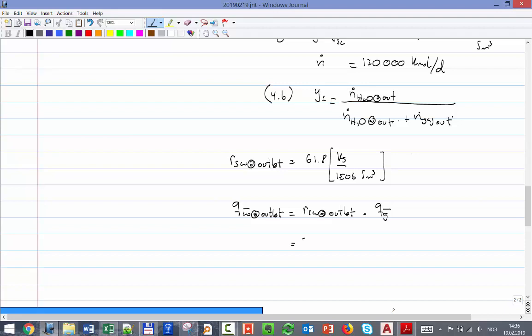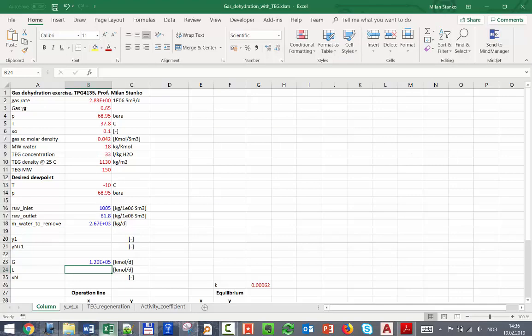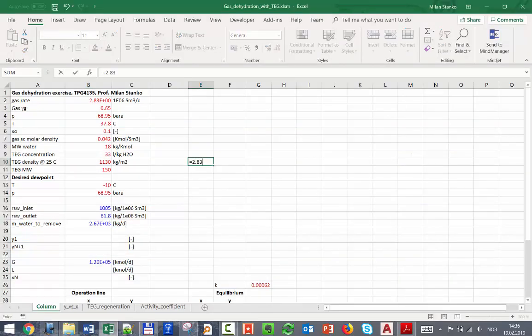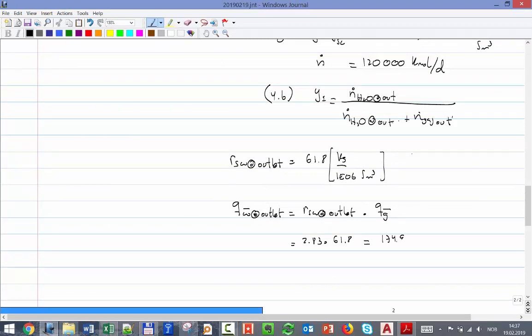So that will be 2.83 times 61.8. How much is that? 174.89 kilogram per day.